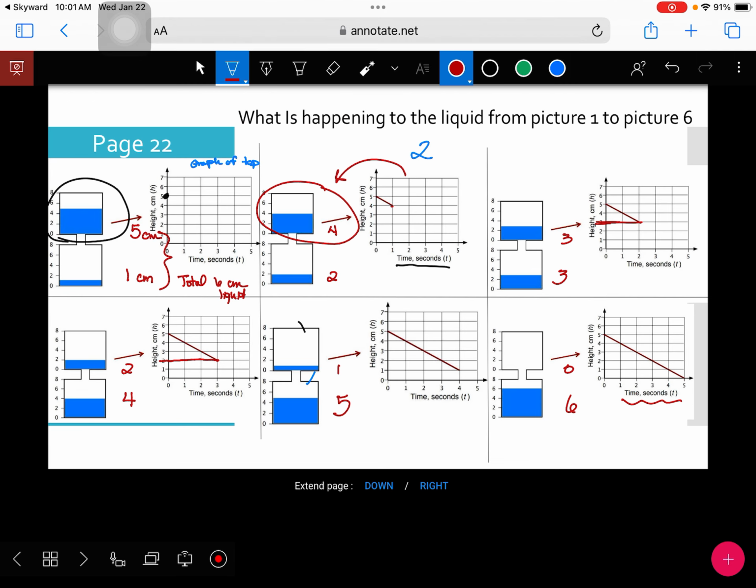Now, what I also want you to recognize, when I turn this over and turn it like this, the speed that this is falling is going to be the same but opposite in terms of signs as the speed that it fills up. Okay?